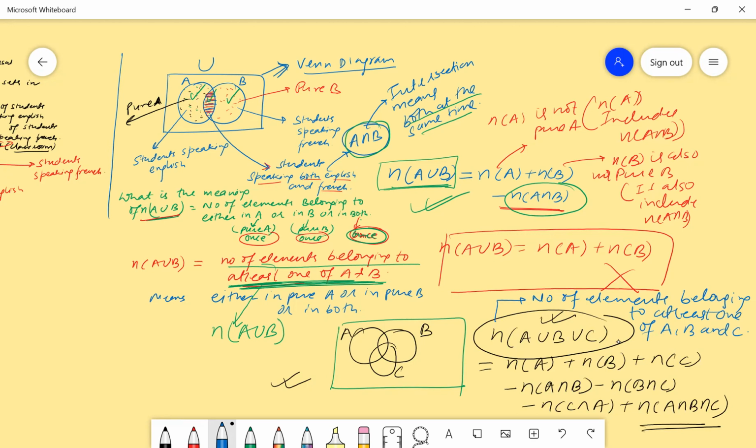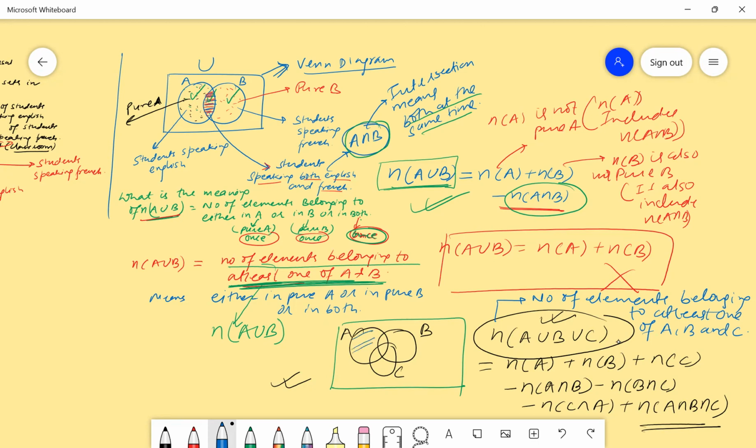Elements can belong to pure A or pure B or pure C or A intersection B or B intersection C or A intersection C or A intersection B intersection C, but only once. Once in all the structures.